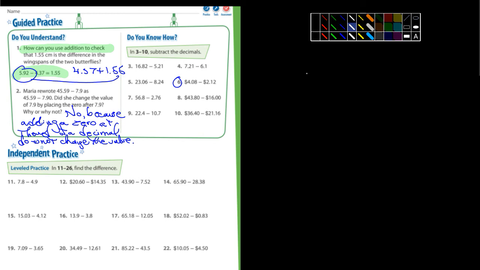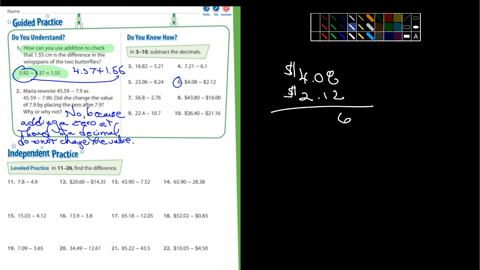And it is 4.08, and we're subtracting 2.12. Now I'm going to put a dollar sign here. Don't forget, the answer will need a dollar sign. So, 2 from 8, what's that leave us? 6. Can we take 1 from 0? No, we're going to have to borrow. That becomes a 3. So the 0 becomes 10, and you take 1 from 10, and that is 9.